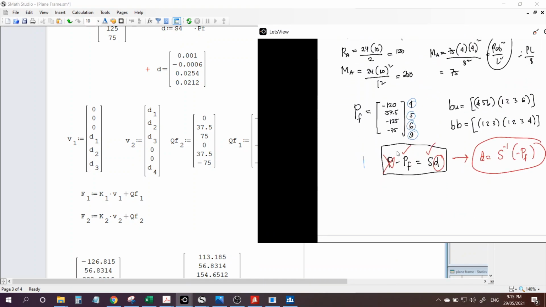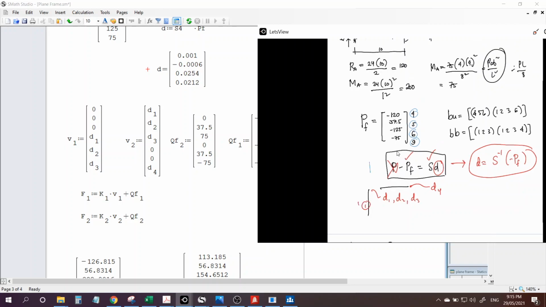The displacement here is d1, d2, d3, while this one is d sub 4, the rotation. Therefore for member 1 you have d1, d2, d3 on the other end.